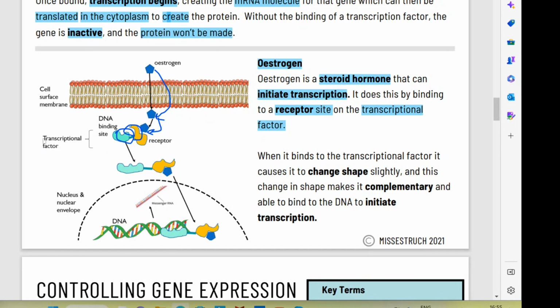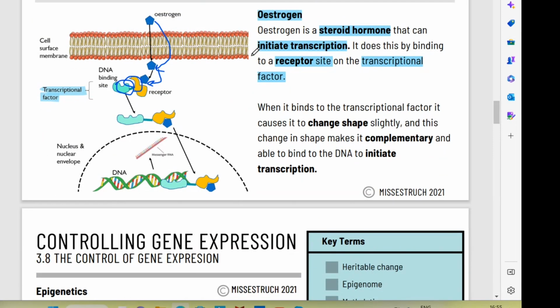So make sure you know that. All of that is the transcriptional factor. When it binds to the transcriptional factor, it causes it to change shape slightly. So when it binds, the transcriptional factor will change shape.